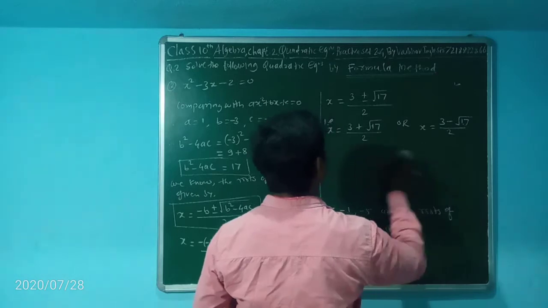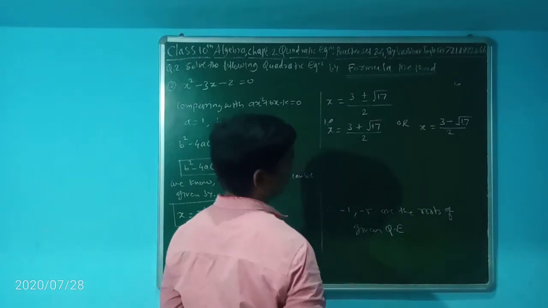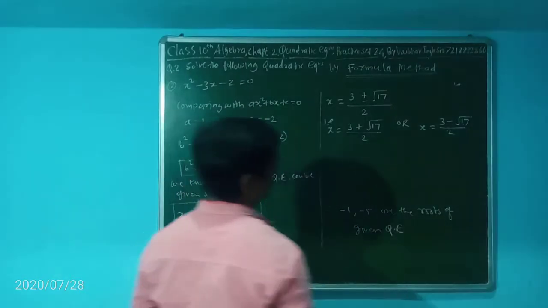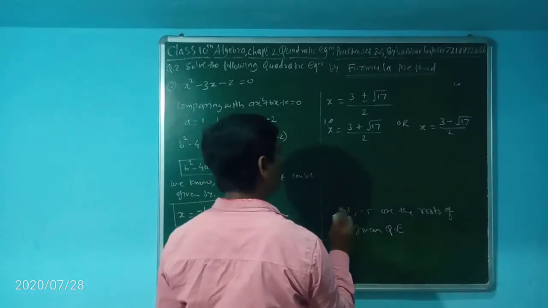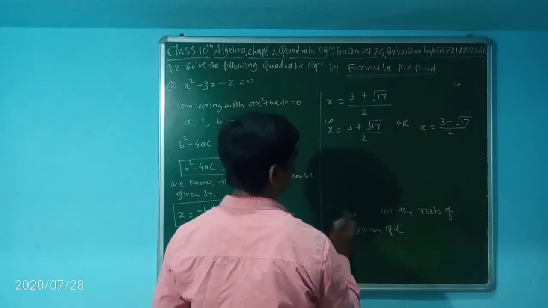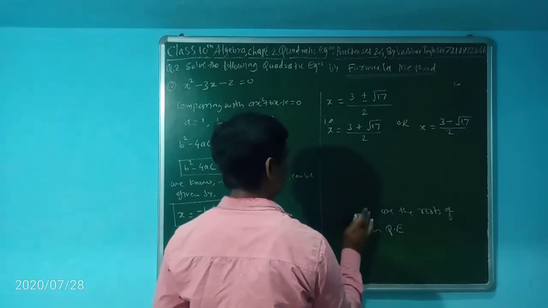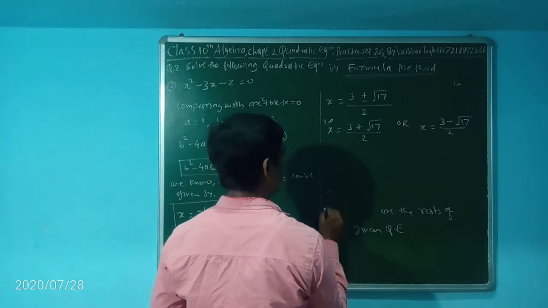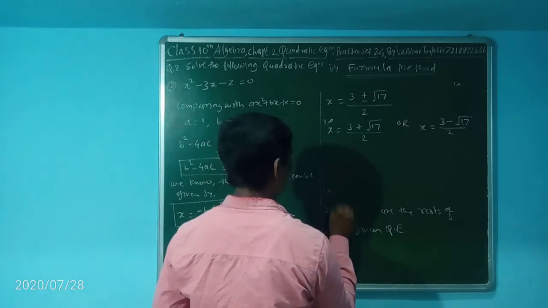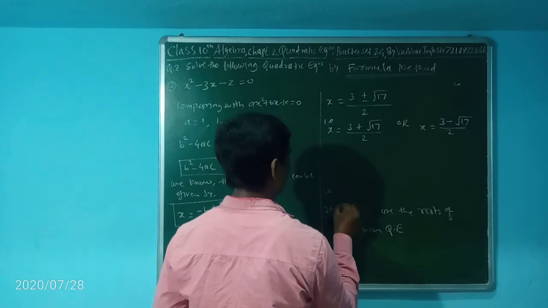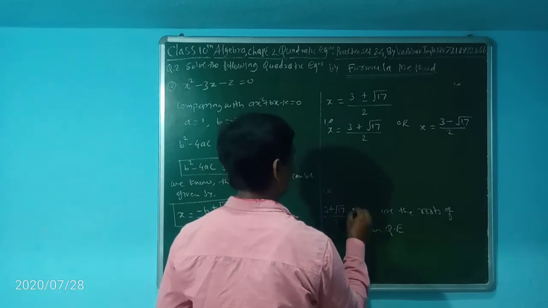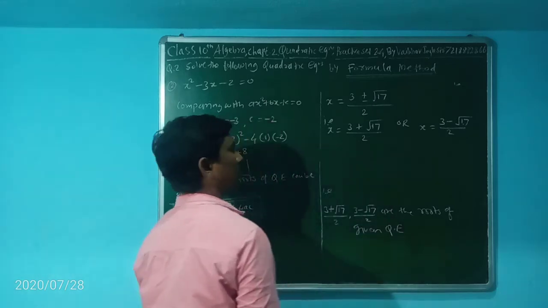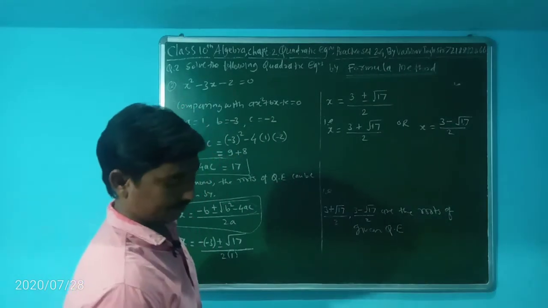Further, these two cannot be simplified. So these are the roots. So I will write here, that is 3 plus under root 17 by 2 and 3 minus under root 17 by 2 are the roots of the given quadratic equation.